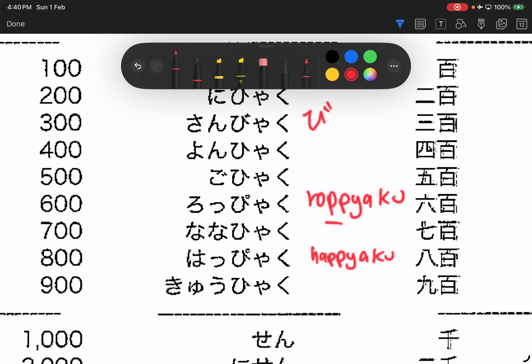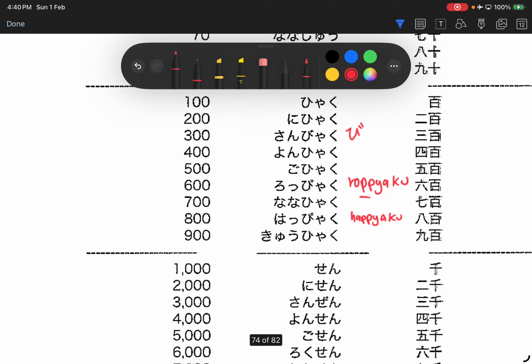So instead of hachi, it sounds very weird to say hachi, so they just decide to do hapyaku. Okay, hapyaku. So please take note of this. Number 900 will be the normal one. So basically our special guys will be 300, 600 and 800. A bit of different sound. Just take note of those.